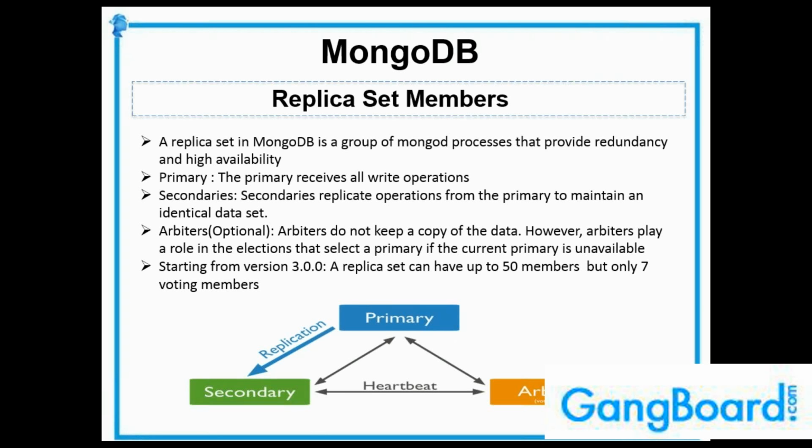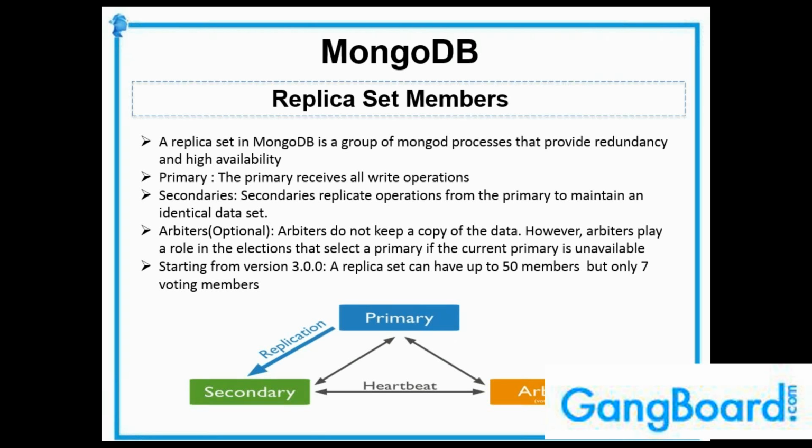We'll start with 2. If you have a 2 node replica set, then you should have 2 divided by 2 plus 1, which means 2 nodes should be up and running. Then only any of the nodes can become a primary.